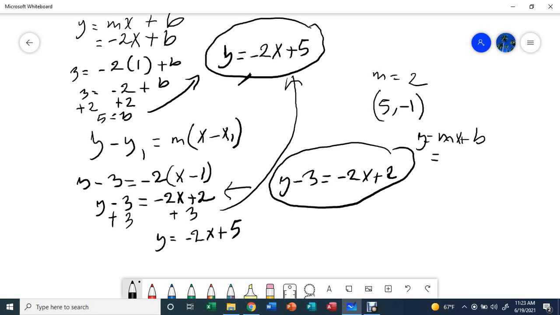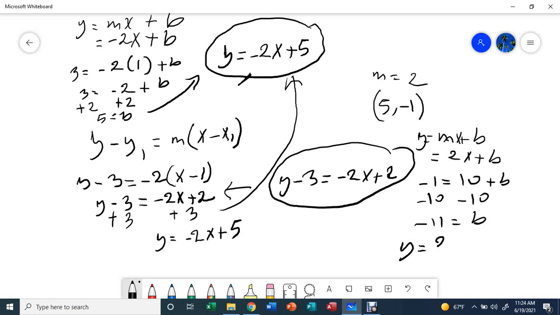We are given the slope is 2, so 2x plus b, and now we are given the point (5, -1), so y is negative 1 and x is 5, so 2 times 5 is 10 plus b. Solving for b, subtract 10 from both sides, I get negative 11 equals b. So the equation will be y equals 2x minus 11. That's the equation of the line with a slope of 2 that passes through the point (5, -1).